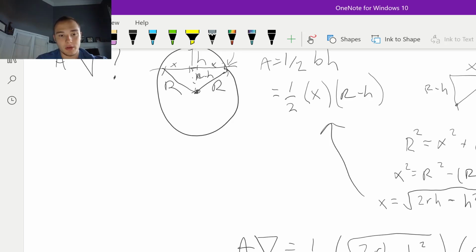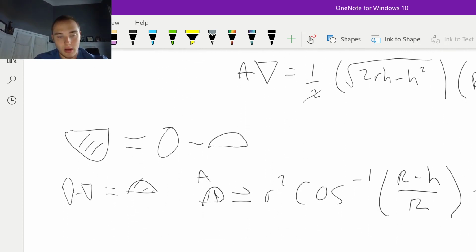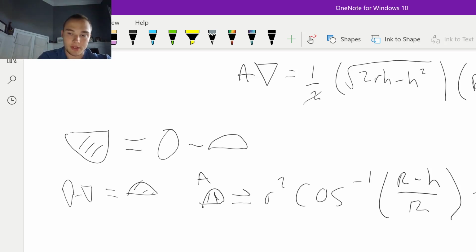And the last step we need to do is subtract pi r squared from this area. So we're going to have pi r squared minus, and we're going to have parentheses, r squared cosine of the inverse cosine of r minus h over r minus the square root of 2rh minus h squared times r minus h, and then close with one more parentheses.